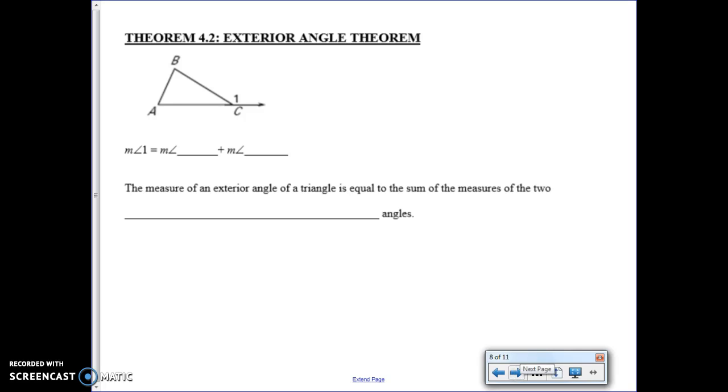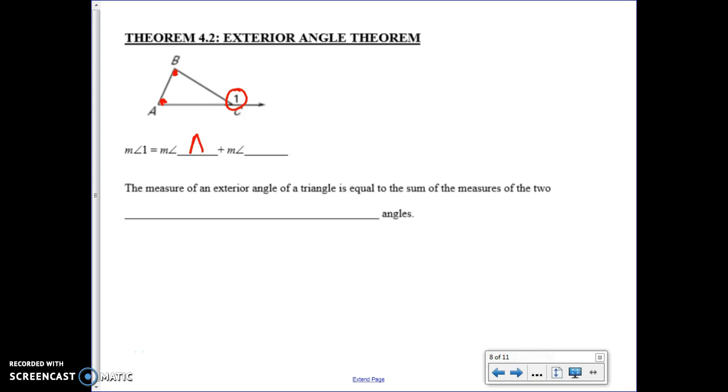Okay, so another theorem we're looking at then is that if we know the 3 angles inside add up to 180, what do we know about this angle outside right here? It turns out that there's a special property here, and we're going to go through why this works together in class, but this angle 1 is equal to this angle here and this angle here added together.